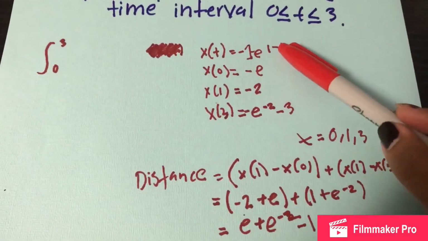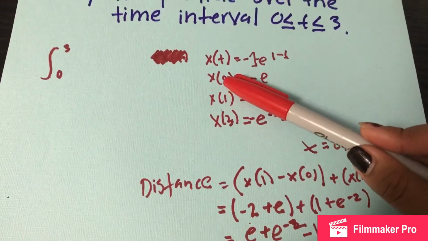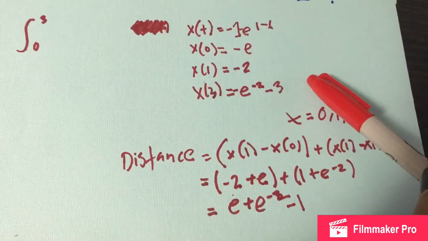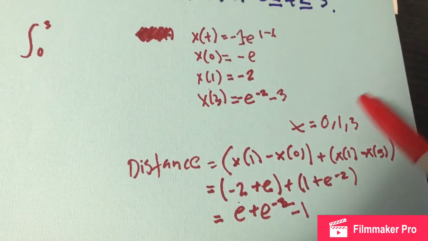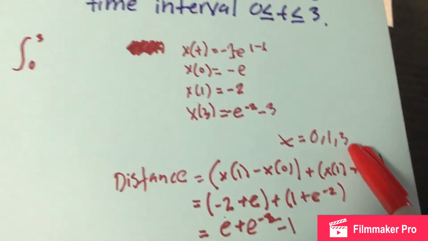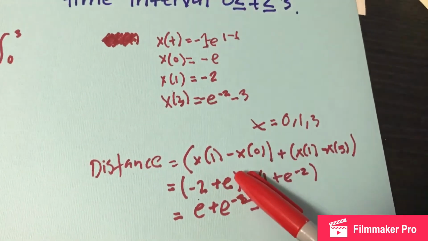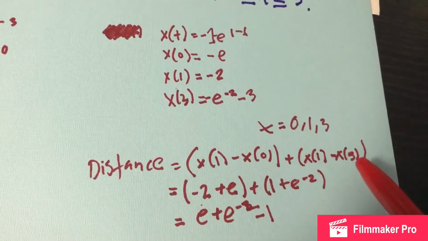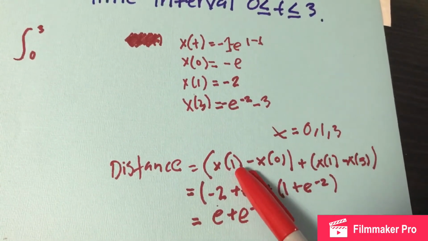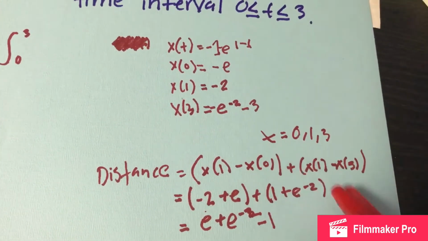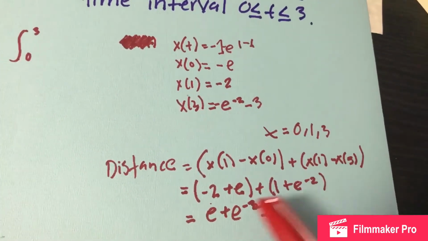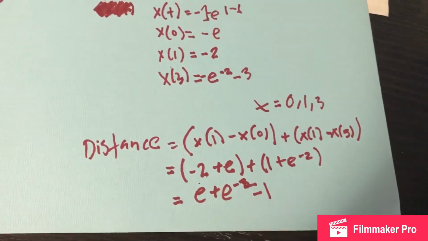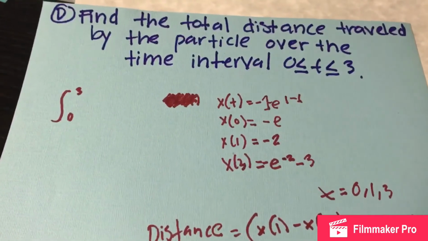Now substituting those 0, 1, 3, these are my answers. Then you would want to evaluate the distance between those points. So you subtract the first point, from 0 to 1 and 1 to 3. Then this is what you'll get, and then you find your total distance from 0 to 3.